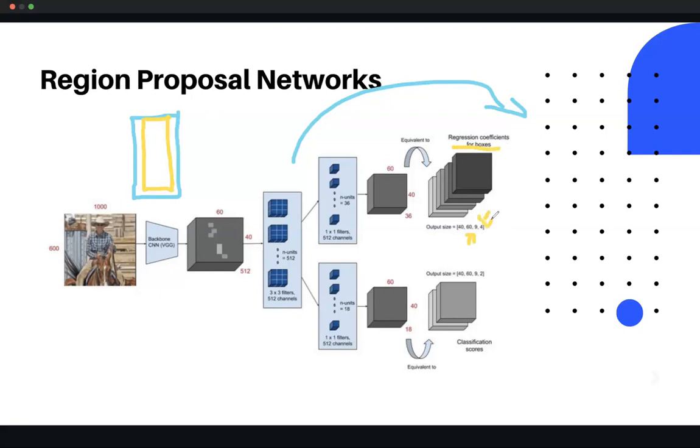This 4 stands for the difference in the x coordinate, the difference in the y coordinate, the difference in the height and the difference in the width. So it tries to predict the most optimal borders of your rectangle for that specific object.